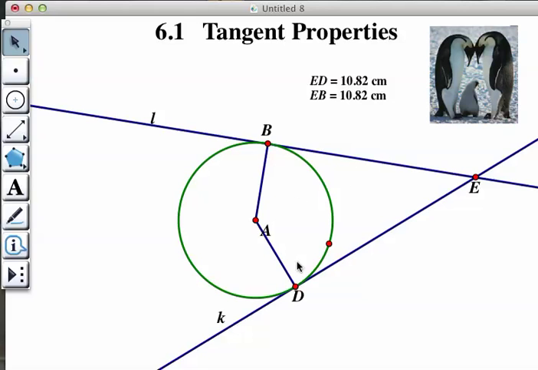So if I know that this is 90 and that's 90, all that's left is 180. Which means that if you ever see this figure again, you can know that this angle, a central angle on the circle, and this angle, an angle formed outside the circle, are going to be supplementary. Every time.